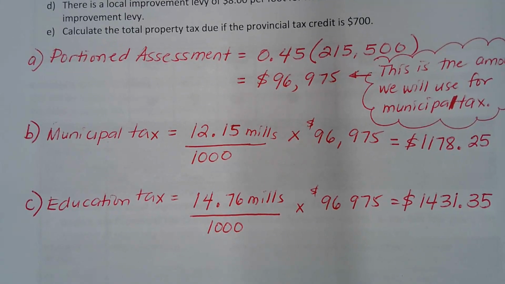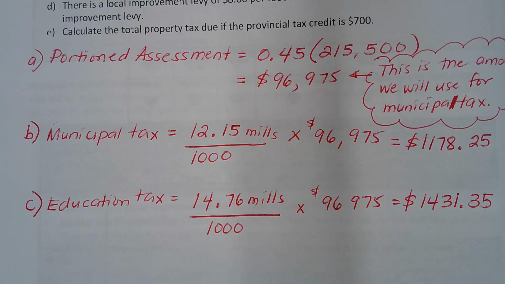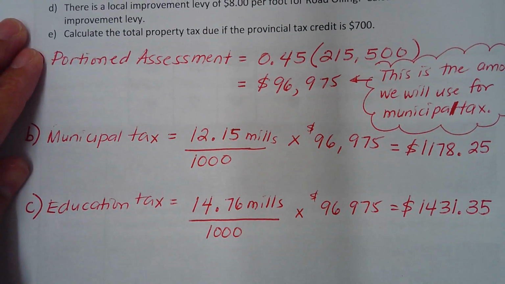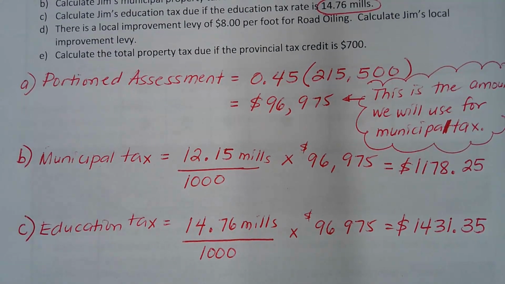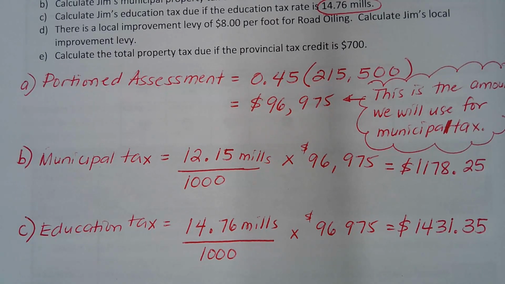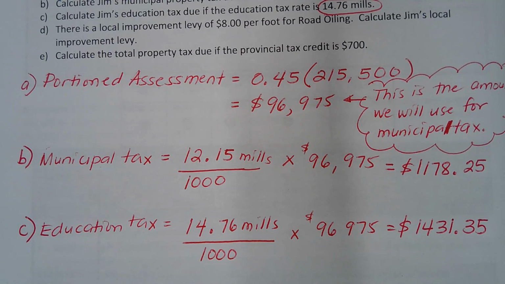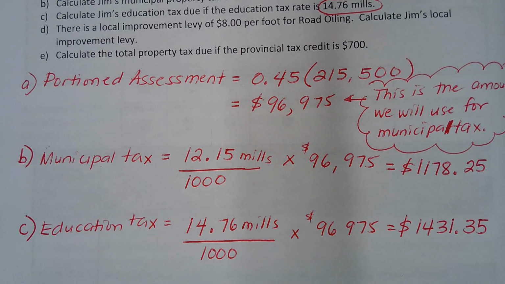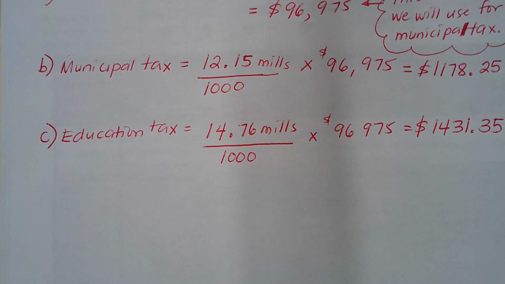Okay, so we got educational tax as well. So what's letter D? Oh, okay, there's a local improvement. It says a local improvement is $8 oiling. Calculate the local improvement. So letter D, local improvement.